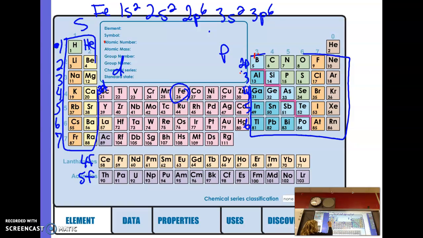We move back over to 4s2, and then we actually move down a level to 3d, so we go from 4s to 3d, and then I just count. 1, 2, 3, 4, 5, 6. 3d6.